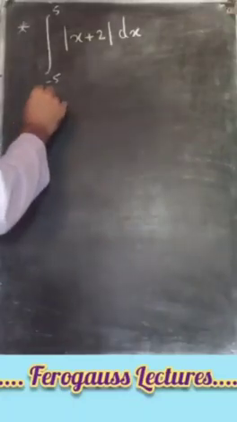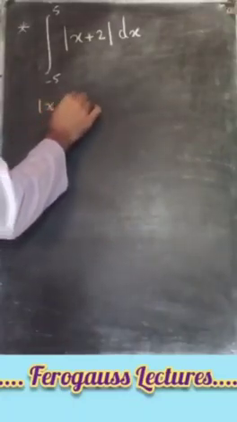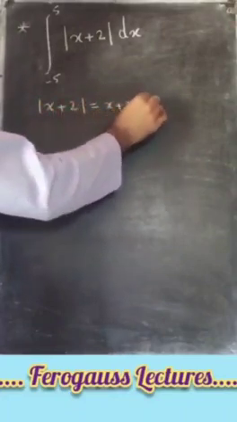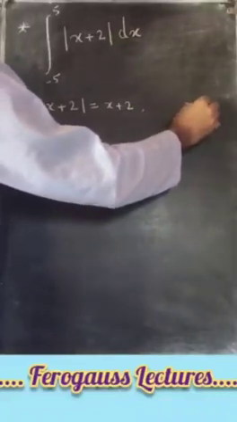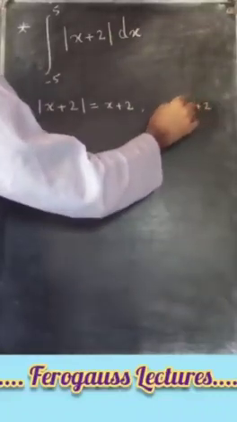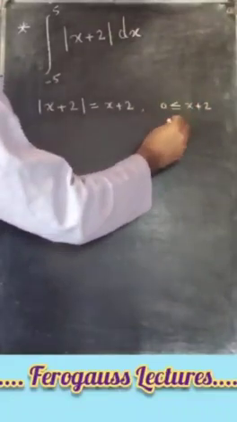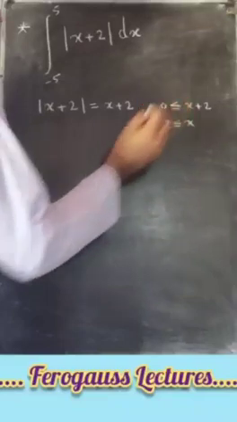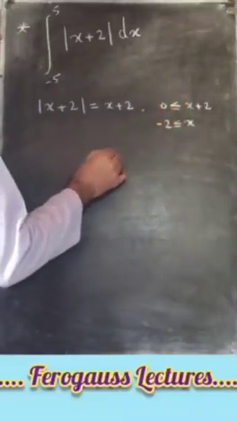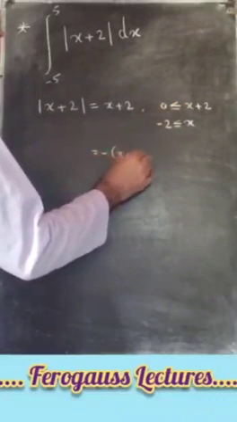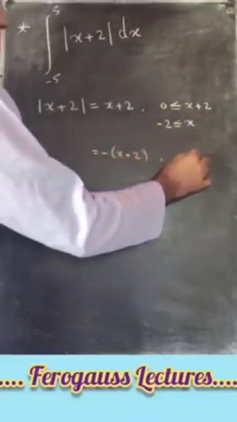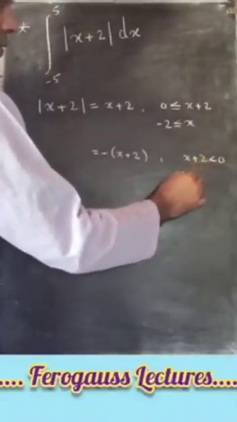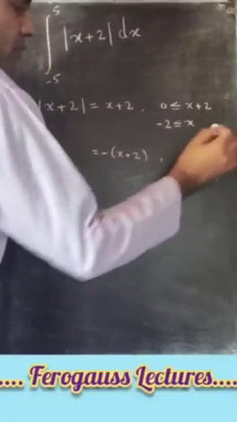We know that mod of x plus 2 is equal to x plus 2 when x plus 2 is greater or equal to 0, or we can say when x is greater or equal to minus 2, and this is equal to minus times x plus 2 when x plus 2 is less than 0, or when x is less than minus 2.